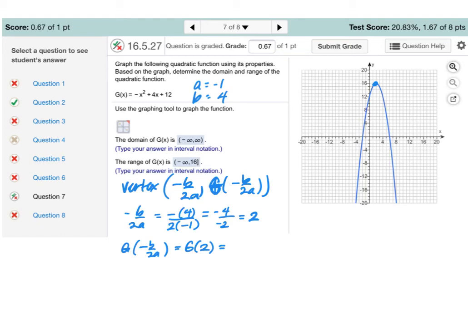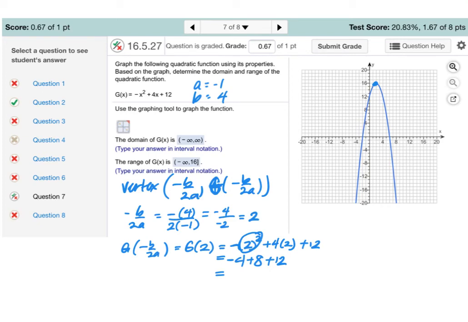Okay. So g for positive 2 will be a negative of x squared. So a negative of 2 squared plus 4 times 2 for the x plus 12. And so we have a negative of 2 squared, which is 4, plus 4 times 2, which is 8, plus 12. And so we get negative 4 plus 8 is a positive 4.